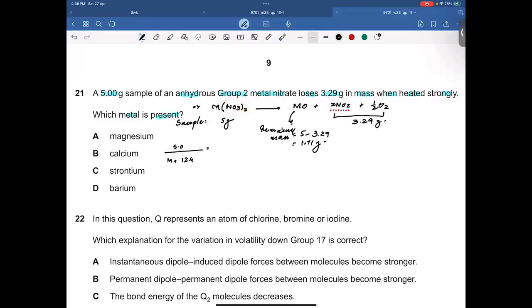Equals the mass of MO, which is 1.71. We need to find out M, so it will remain as it is, and oxygen is 16. All right. So what we need to do is cross multiply these two values so that we can find this one.